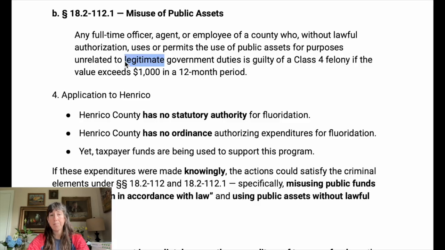The FDA has barred doctors from prescribing fluoride for children under the age of 3. So how could you possibly imagine that this fluoride program constitutes a legitimate government duty? I don't think it is, right? That is my opinion, okay?